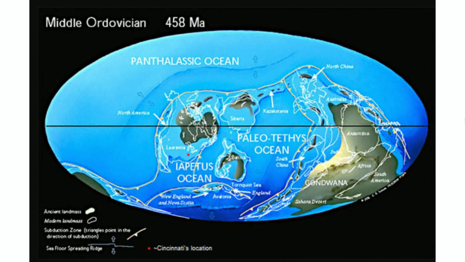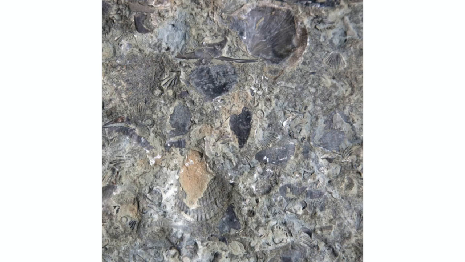So that is why all of the rock that is in Cincinnati is sedimentary, and all of the fossils in that sedimentary rock tend to be sea creatures. You can go to a lot of different hillsides and go fossil hunting here in Cincinnati, and they will always be sea creatures, because all the rock that formed around here is around 458 million years old, and it all formed at the bottom of an ocean.